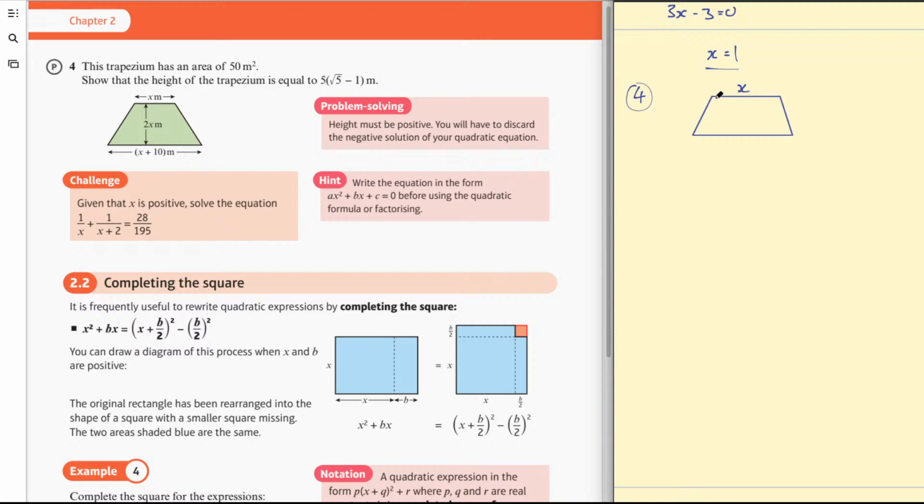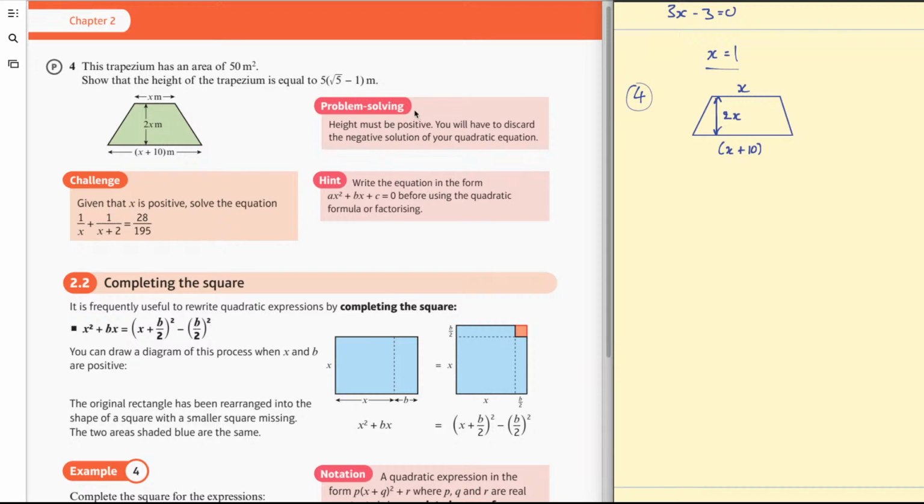The height is 2x meters, and the base is x plus 10 meters. And it gives a hint here, height must be positive. You will have to discard the negative solution of the quadratic equation.